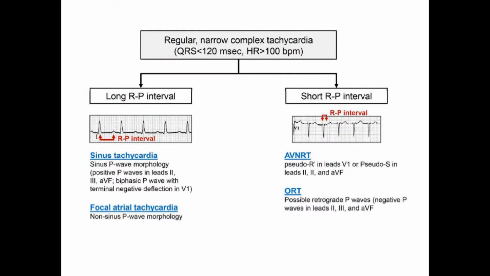The short RP intervals are ones that are more amenable to interventions such as beta blockade, AV nodal blockade such as calcium channel blockers, or even catheter-based interventions. This is important because these can have a high chance of cure if we bring the patient to the electrophysiology lab.